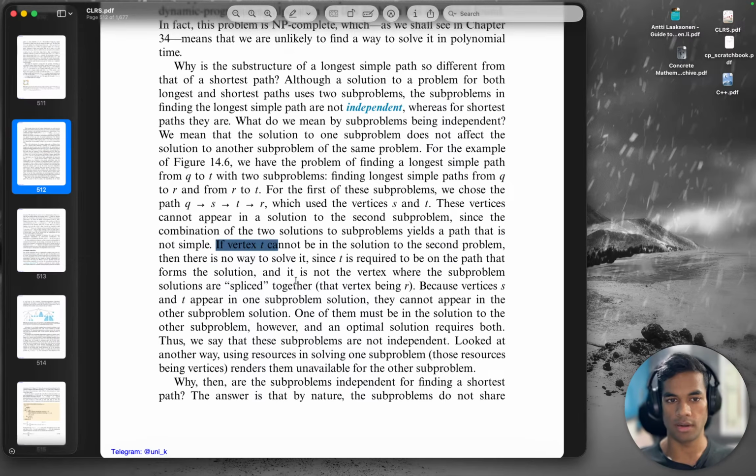So that limits how we are going to find the solution to the second subproblem.